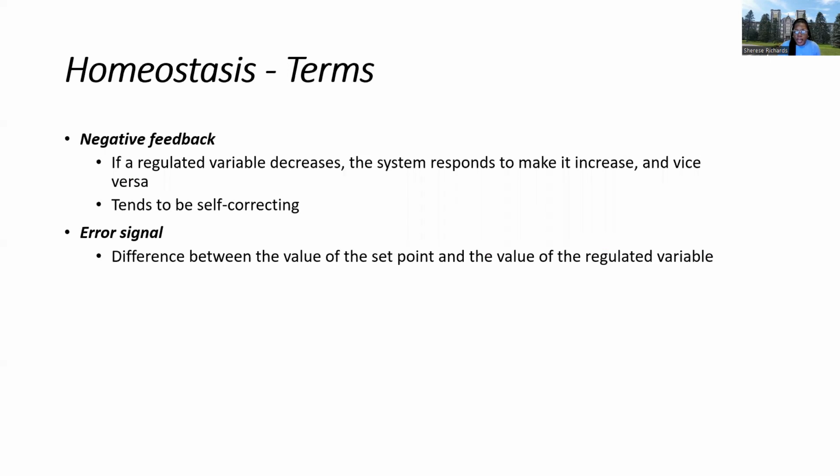So also in our example, some of the other terms we want to think about are negative feedback. Now, negative feedback is the self-correcting response if a variable tends to move away from set point. So if a regulated variable decreases, in our example with the car, that would be the speed.